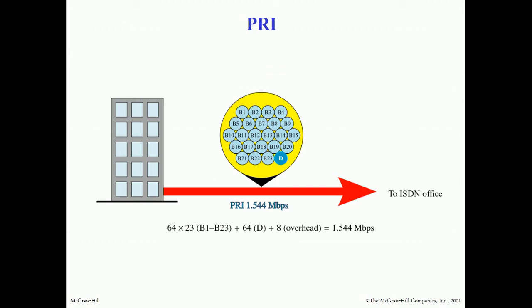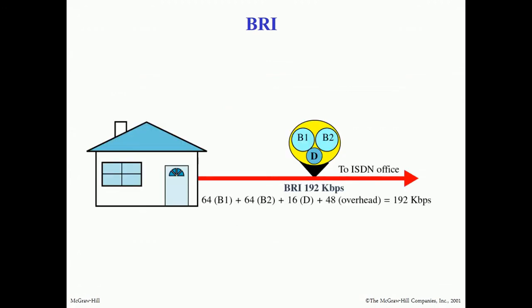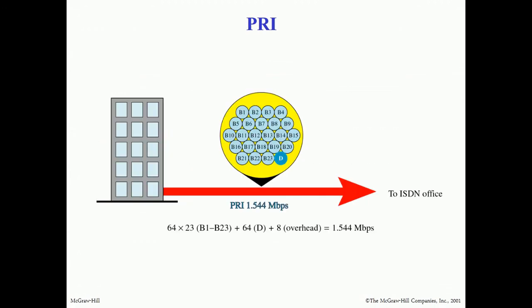There are two types of D channels: one with 16 kbps and another with 64 kbps, and 8 overheads are used.